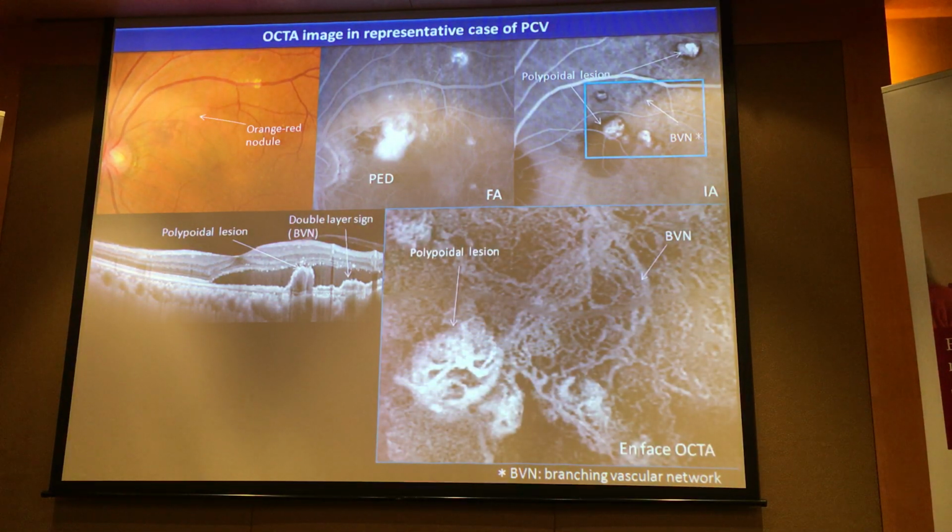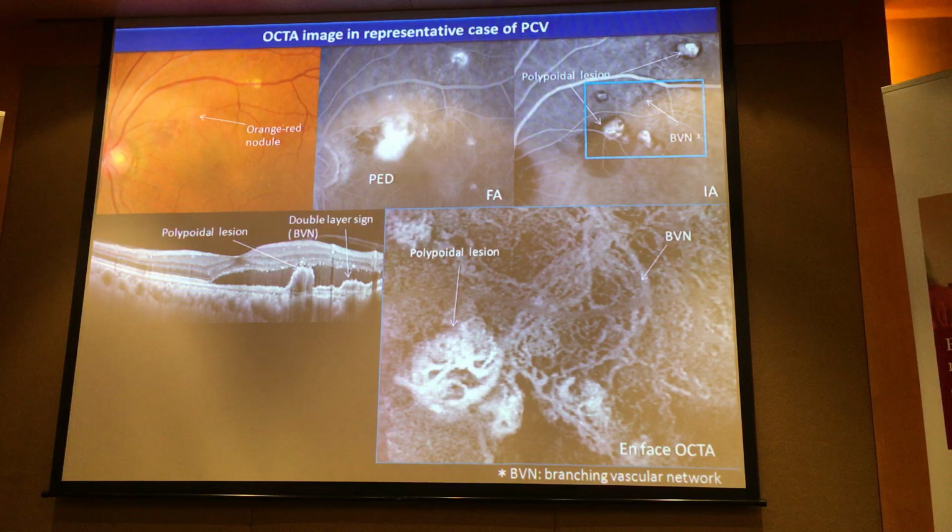In OCTA, you can see the BVN, a very thin vessel network, and the polypoidal region is a mass of very thick blood vessels also.